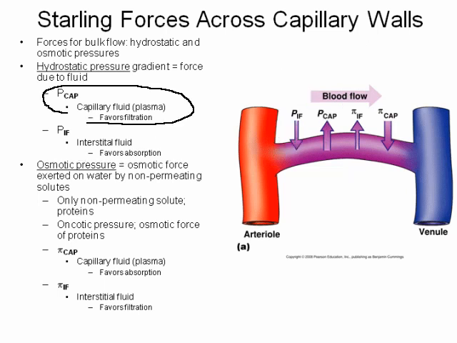So capillary fluid or hydrostatic pressure favors filtration, the movement of material from the blood into the interstitial space. Hydrostatic pressure of the interstitial fluid favors absorption, movement of material from the interstitial fluid back into the blood.